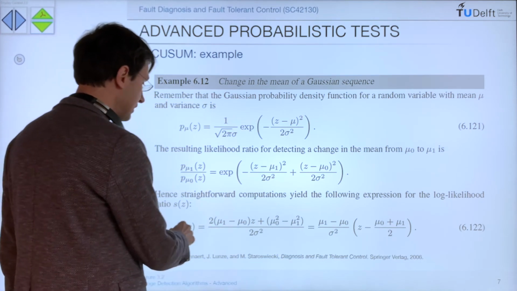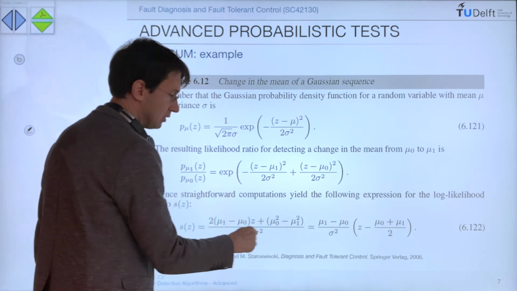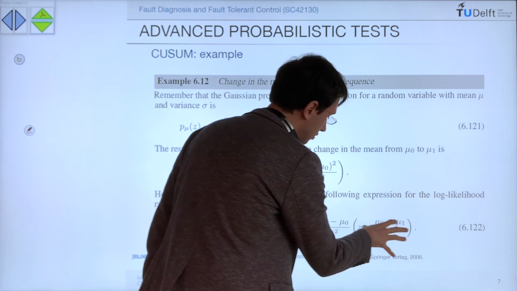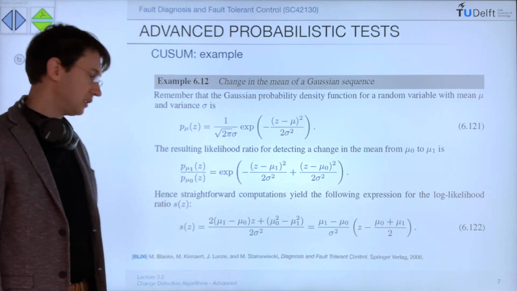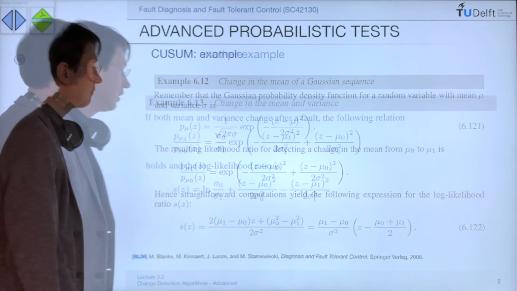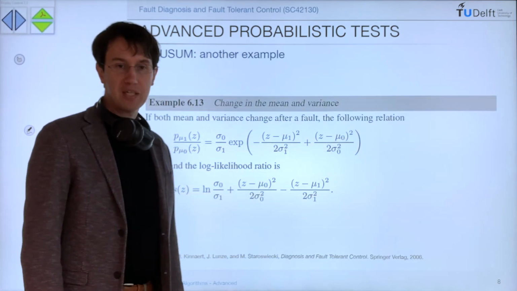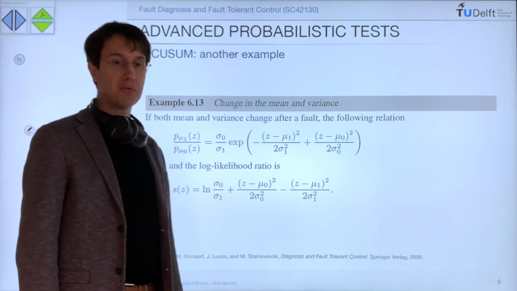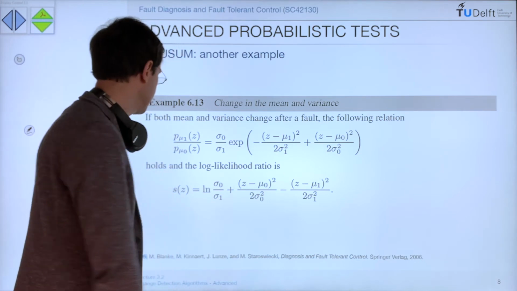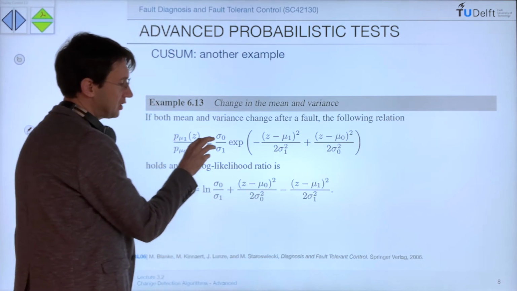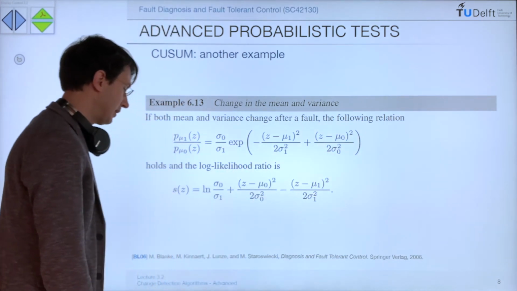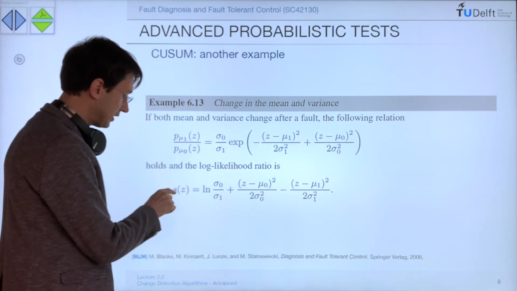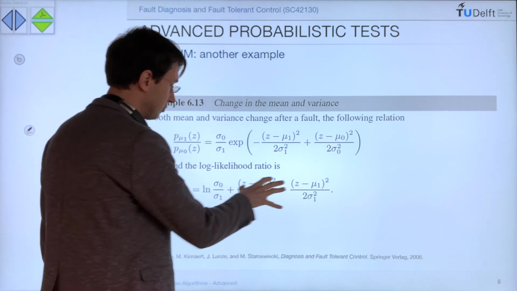So in the end, s is equal to this expression. And so you see, it is not so much more complex than the t-student variable we use in the t-student test. If we have, for Gaussian variables, a change in both mean and variance, then the expressions are going to be this. But in the end, the complexity of the expression for s is not so much different.